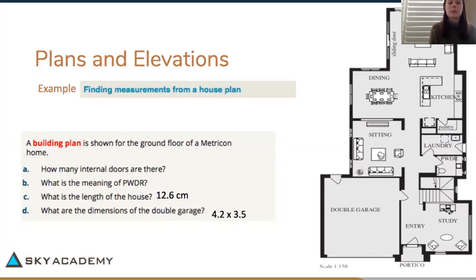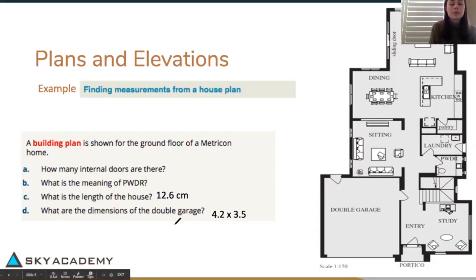So I wrote down here 12.6 centimeters from here to here, and the dimensions of the double garage, which is this one here, is 4.2 and 3.5. But we can do the questions just with a little bit of a head start. We don't have to measure them because I've already done it.